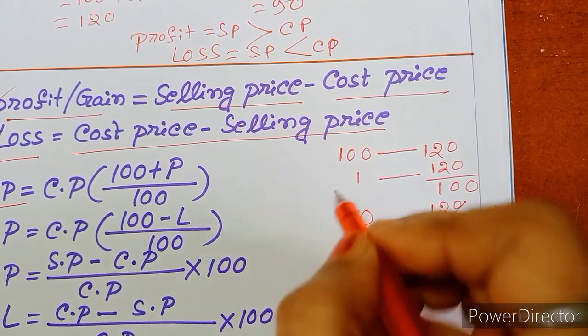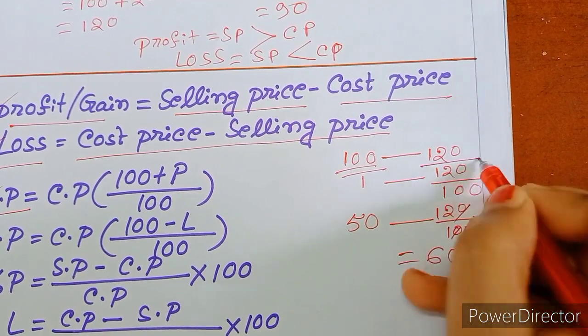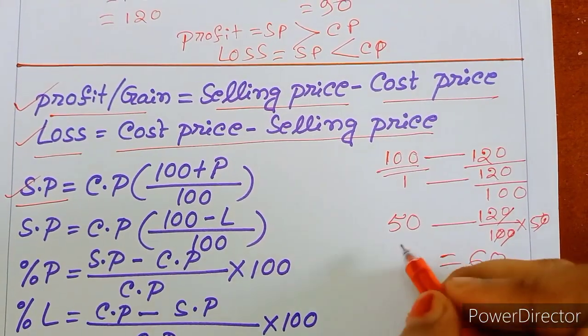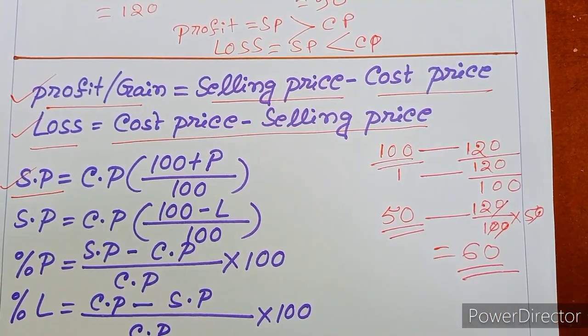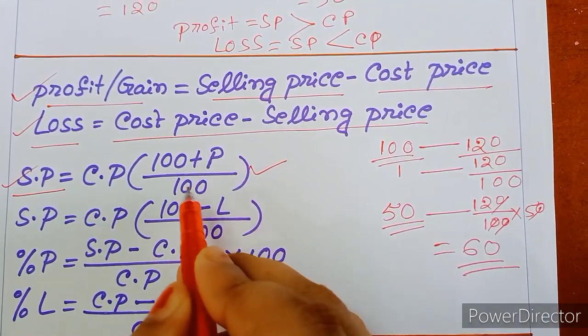Whenever the book's price is 100 rupees, we make a profit of 20%, then we sell the book at 120 rupees. But whenever the book price is 50 rupees, we sell it at 60 rupees. So this is the formula, cost price into 100 plus P by 100.